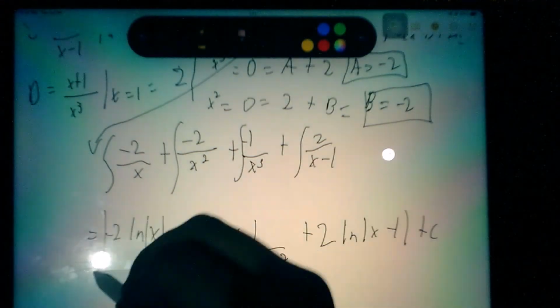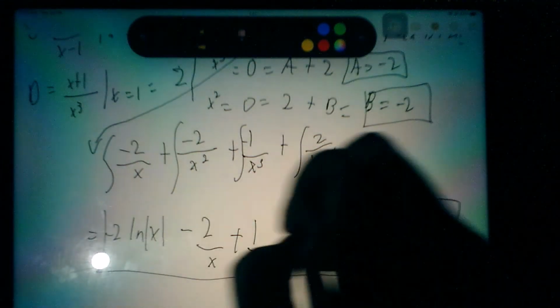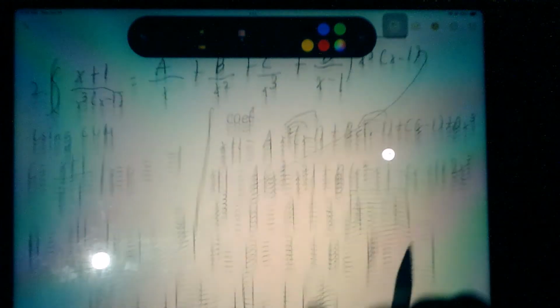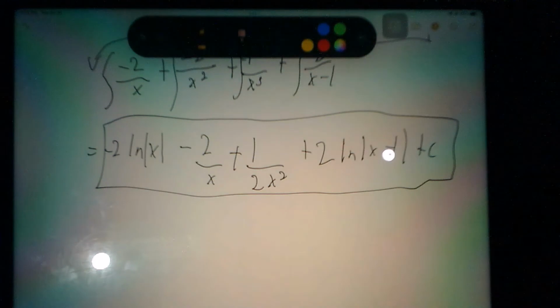So this is our answer for our problem number 2 under case 2 in partial fraction. So let's move on to case number 3.